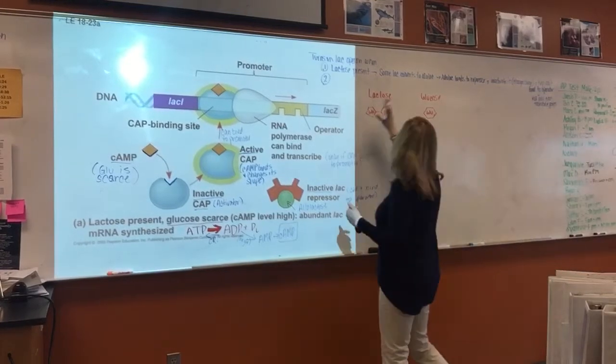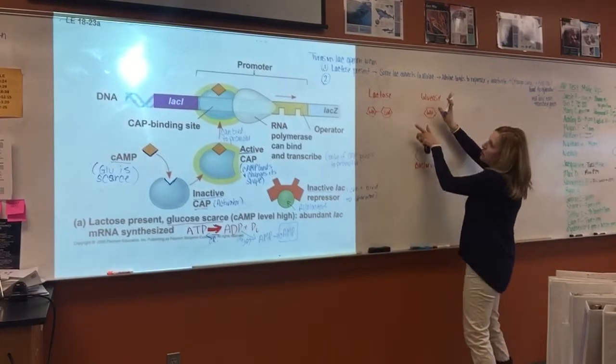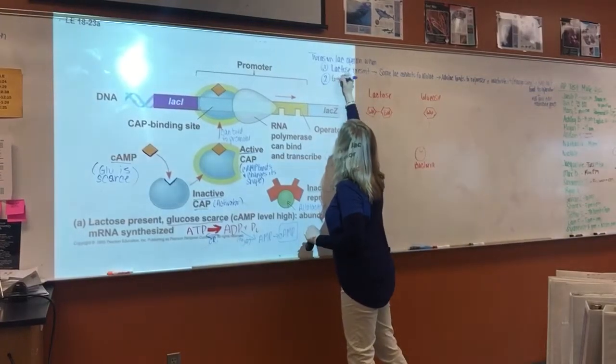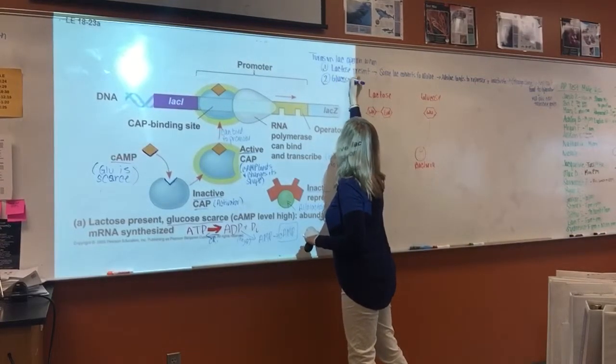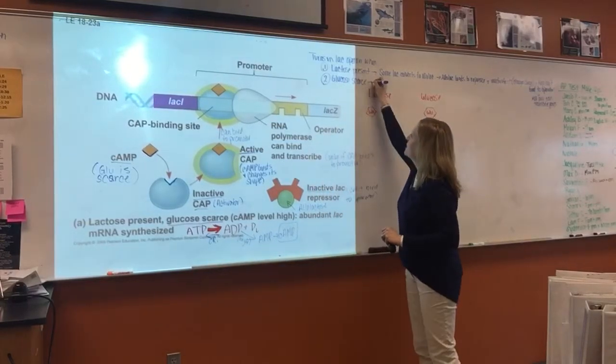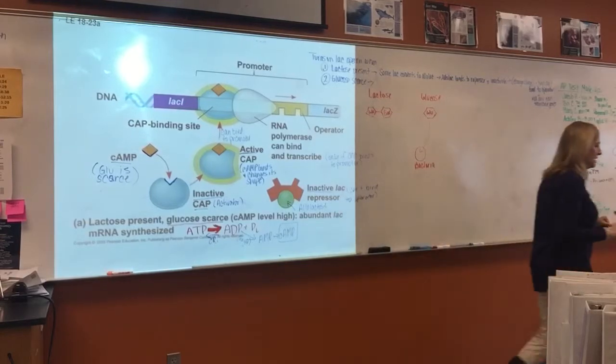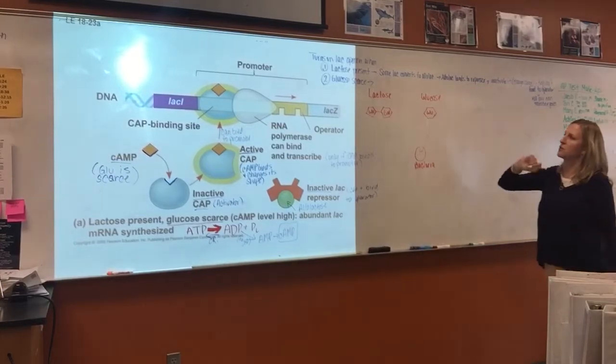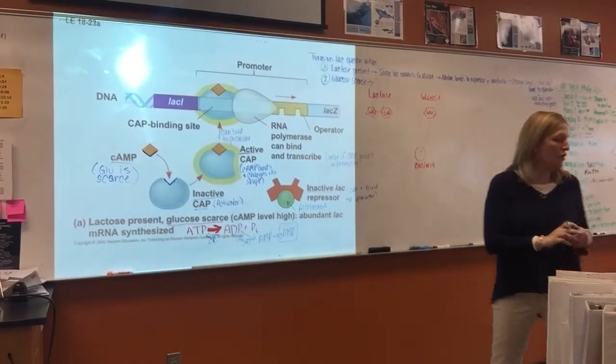So either there's no glucose or very, very little, where there's way more lactose than glucose. I'll stick with the same wording as your book. It says glucose is scarce. So there's little glucose, because the cell only wants to use lactose and turn these genes on when the glucose isn't present, because glucose is more efficient to use.